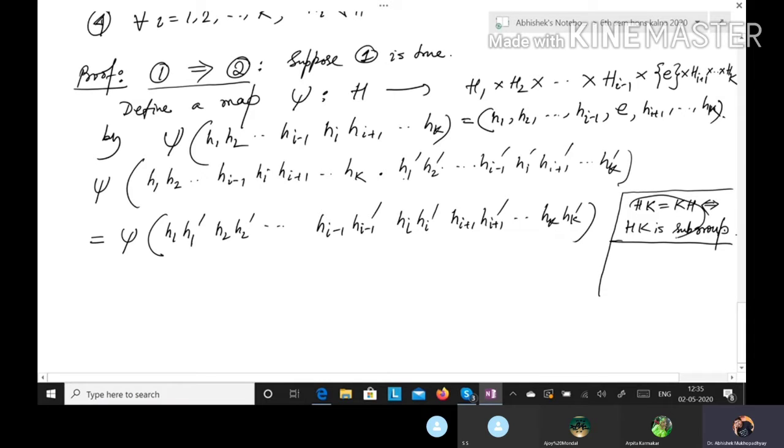Just using this theorem, because hk h1 dashed will be h1 dashed this.